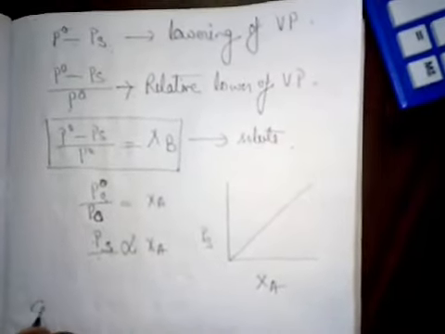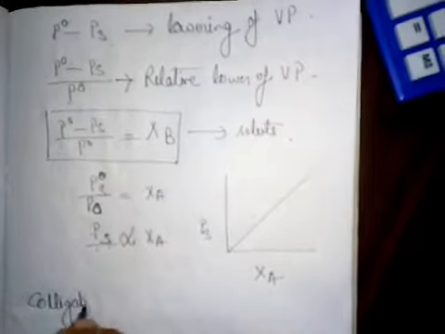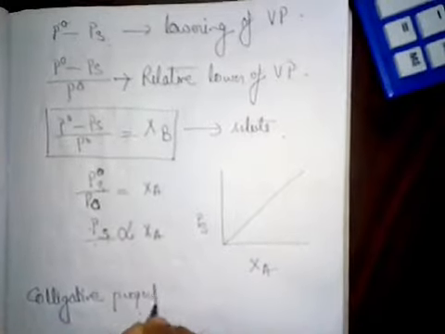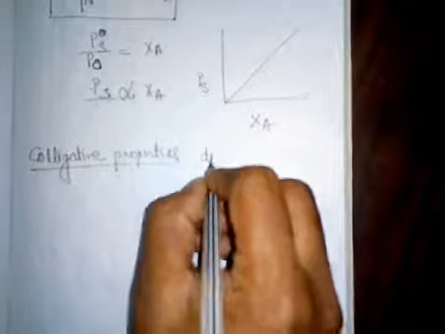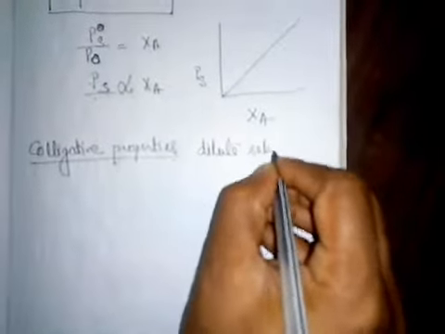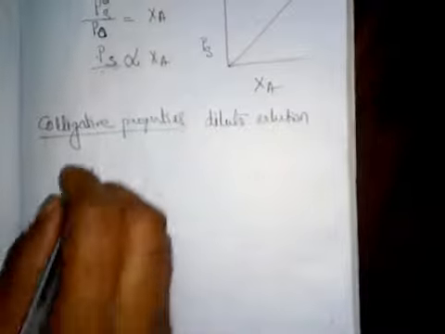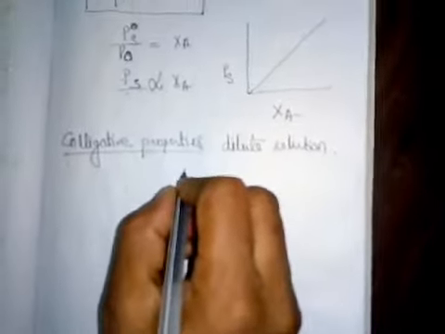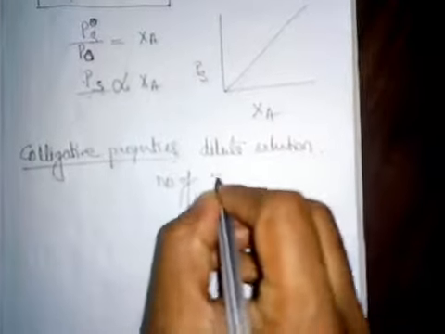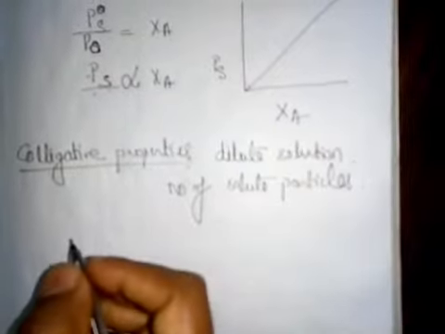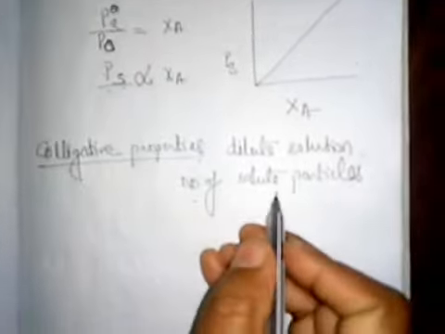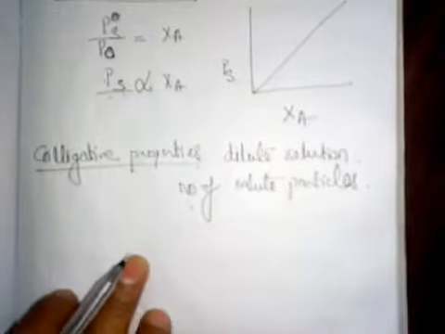Next, we'll go for colligative properties. The properties which are shown by dilute solutions, depend only upon the number of solute particles and are independent of their nature, are called colligative properties.